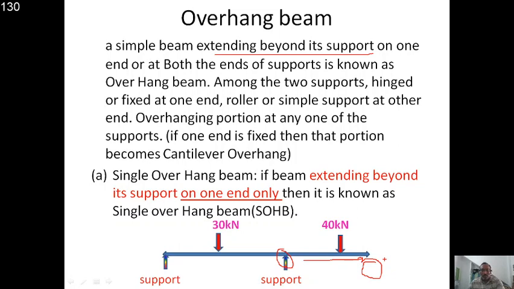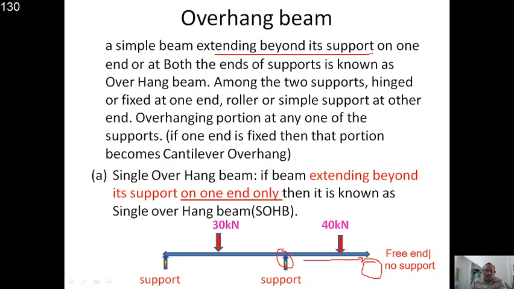After the extension, no support; what we can say is that it is a free end. The term free end we have also seen in cantilevers. This type of extension beyond the support is known as overhang.